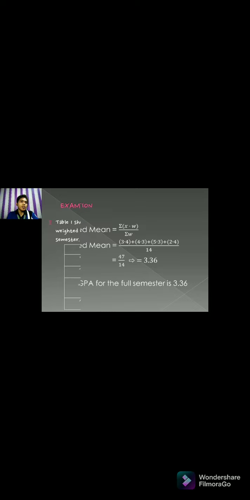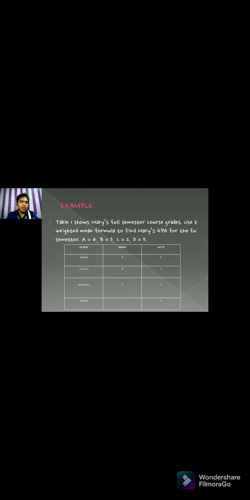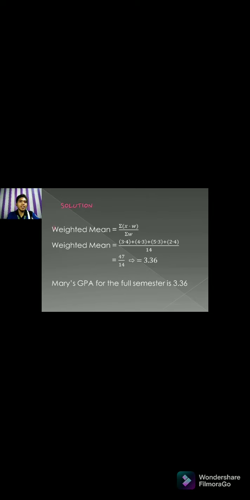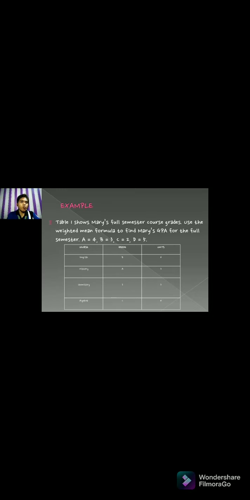So 3 times 4, and 4 times 3, plus 5 times 3, plus 2 times 4, over 14, because the summation of weight, which is the units of the courses, is 4 plus 3 plus 3 plus 4, which is 14.